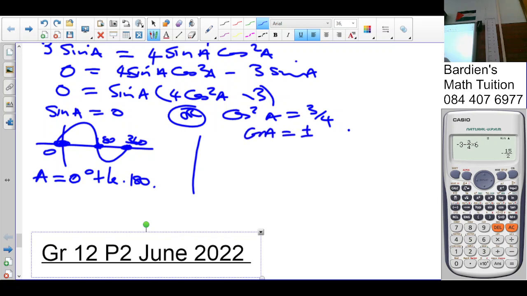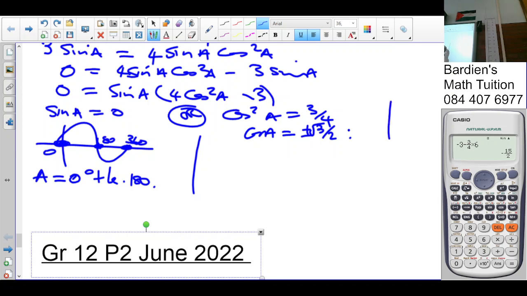On the other hand, cos squared of a is equal to 3 over 4, the square root thereof, don't forget plus minus, so it's root 3 over 2. So this tells us that cos is positive and it's negative, which means to say it is in all 4 quadrants.